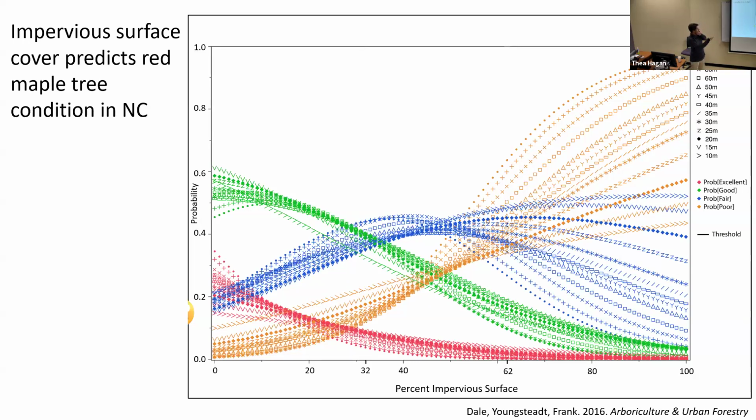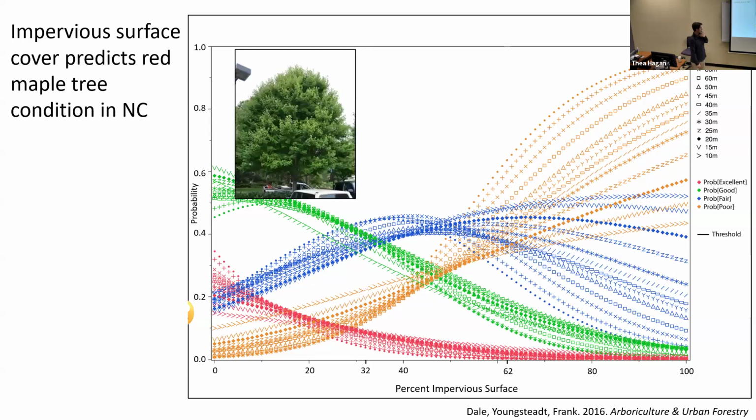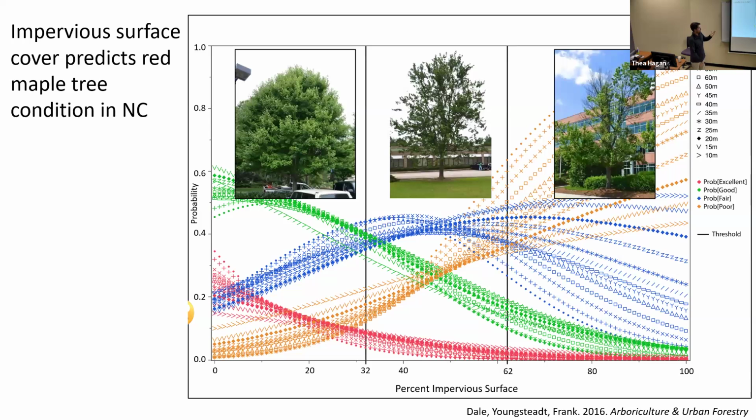And so if you look at these lines, good, fair, poor, you can see these inflection points where the most likely condition goes from good to fair and from fair to poor. And those are what we're treating as thresholds of pavement around a planting site that predicts the outcome of that planting decision or the management intensity that that tree is going to need if it's already planted in that site.